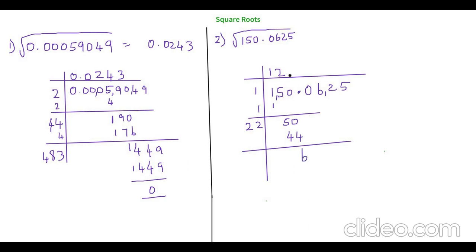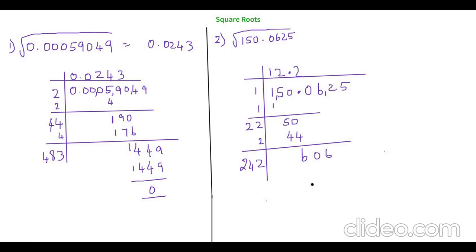Now since there is a decimal, I'll put a decimal here, and then I'll bring down the other 2 digits as usual, 06. The same thing again, I will add 2 here. Whatever number is in the ones place, you add it again. So we get 24 here, and now we have to put one number so that we get 606 or somewhat before 606. So let me put a 2 here, and whatever number I put in the ones place, I'll also repeat it in the quotient place.